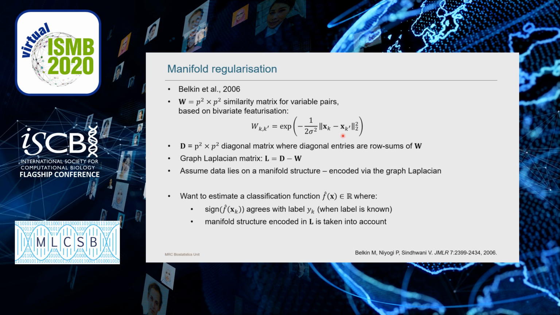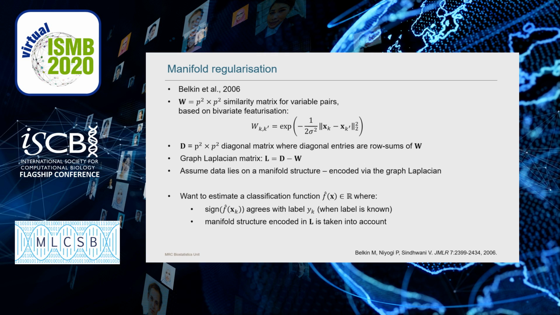So the x_k and x_k prime are the feature vectors for two variable pairs, and essentially this is quantifying the similarity between the scatter plot for one variable pair k and another variable pair k prime. We then calculate the graph Laplacian matrix L, which has this form here, where D is a diagonal matrix, where the diagonal entries are the row sums of W.